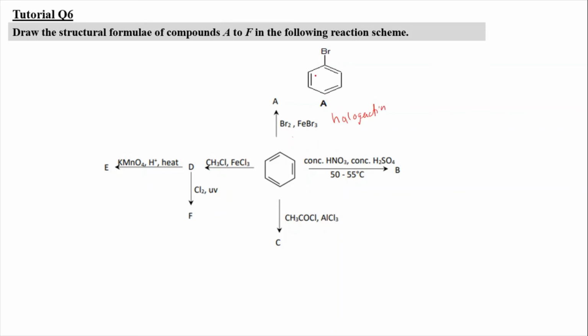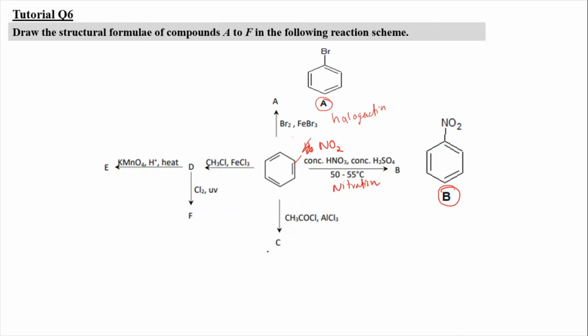Okay, ensure that you draw this compound and then label it with A. For B, the similar step as before, where this is the process of nitration, in which one of the hydrogen is going to be replaced with NO2. Okay, so you're going to draw the structure here, and you need to label it as B.